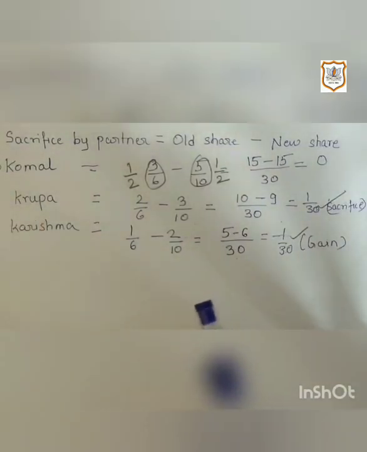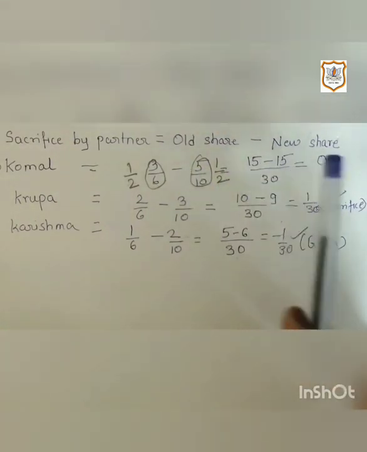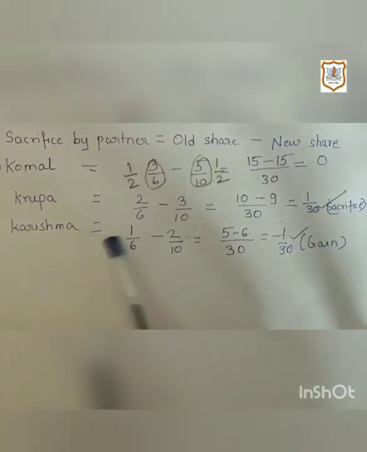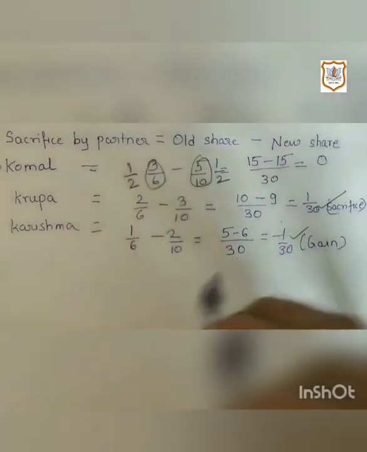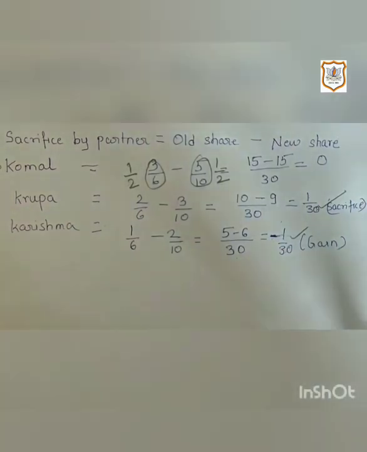So to conclude, we can say that due to change in the profit-loss sharing ratio for future, Komal neither gains nor sacrifices, Kripa is sacrificing and Karishma is gaining, as here the answer is with negative sign.